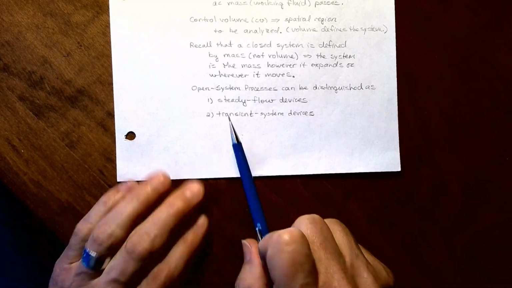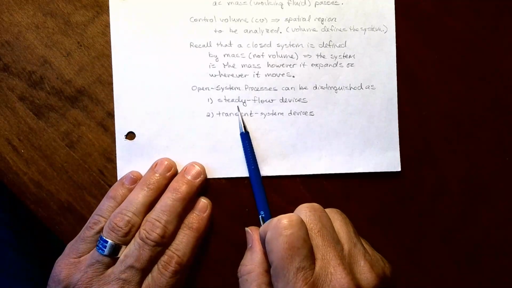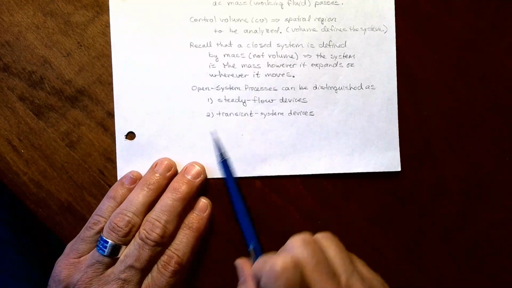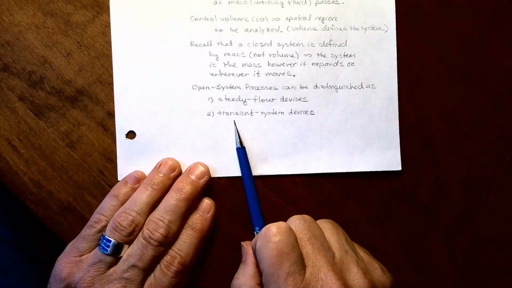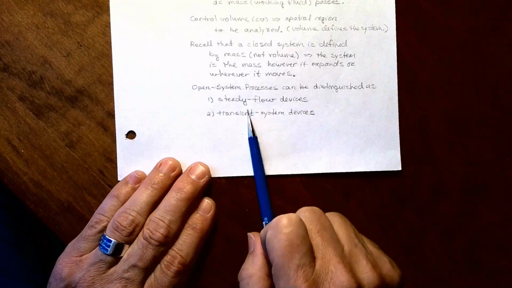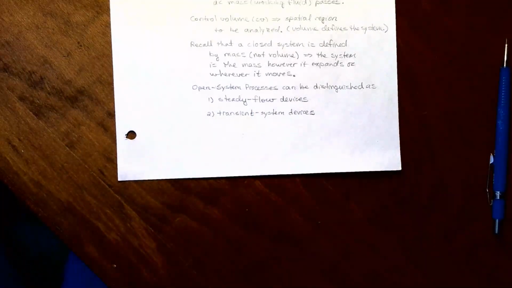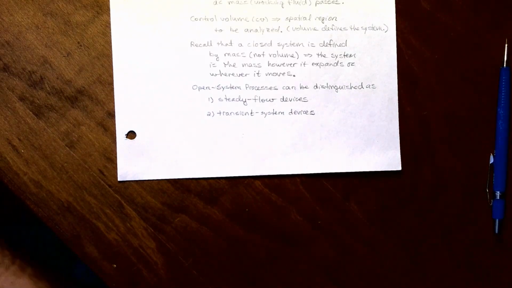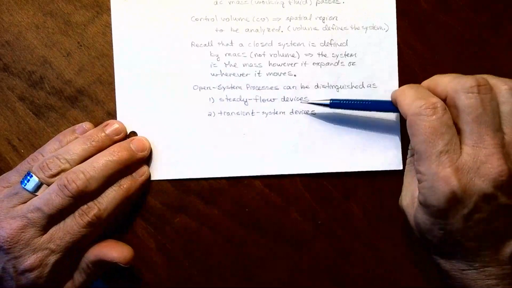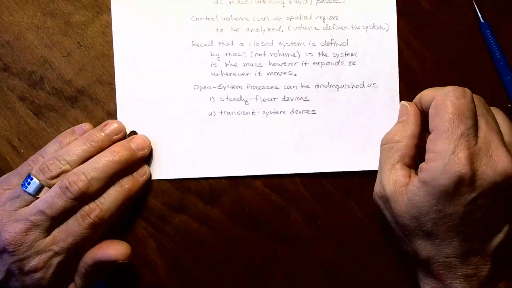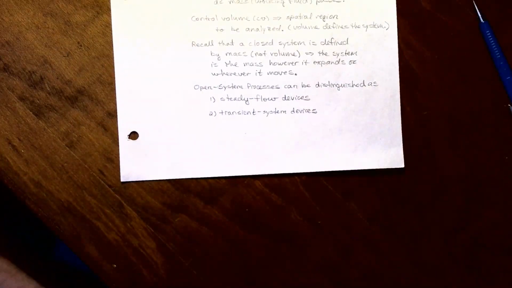Things aren't changing over time, so steady means unchanging with respect to time. Transient is when things are changing with time. We need to be able to identify which of these two we are working with, and we'll have a different set of base equations as our tools, depending on which one the particular problem we're solving corresponds to.